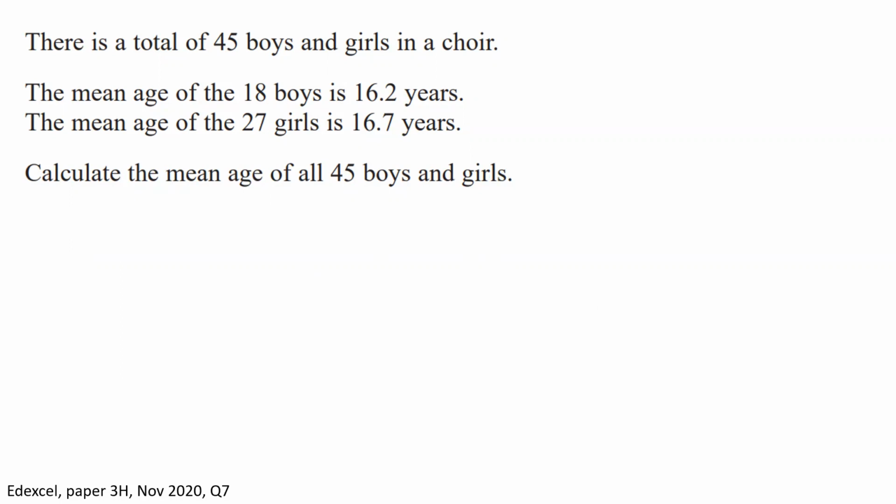Rather than giving you each of the individual ages, they've given you a group: we know the mean age of the boys, and we know the mean age of the girls. From that, we've got to work out the total mean, or the mean of all of the children. So not necessarily straightforward. It's working out the mean a slightly different way from the ways that you might normally be used to.